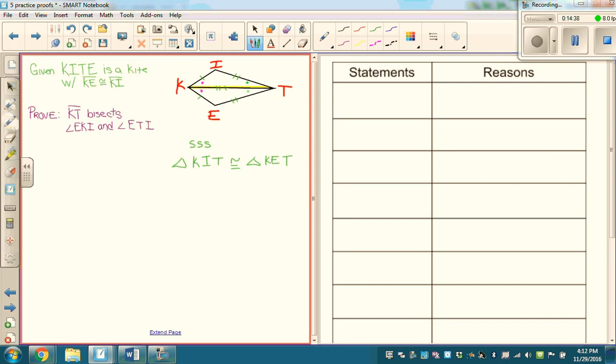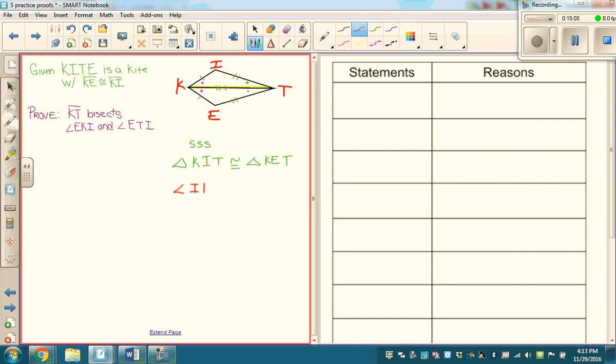And then what we'll do is we can say then that angle IKT is congruent to angle EKT. Let's try that again, I have to be a little more careful.